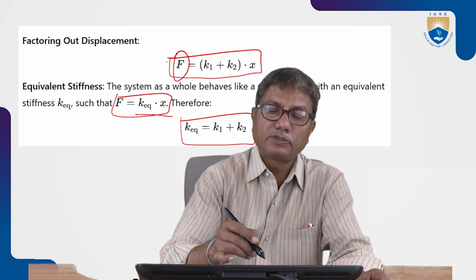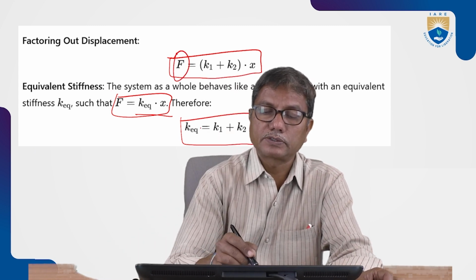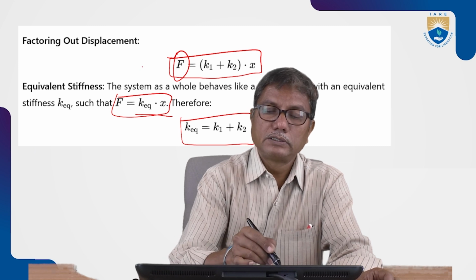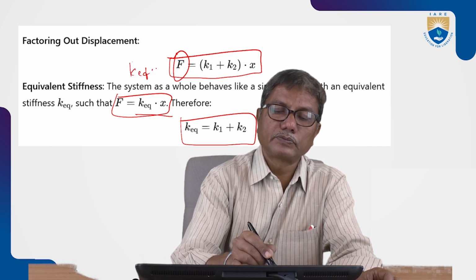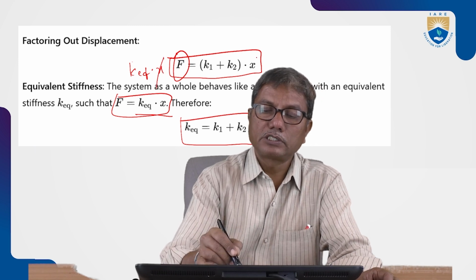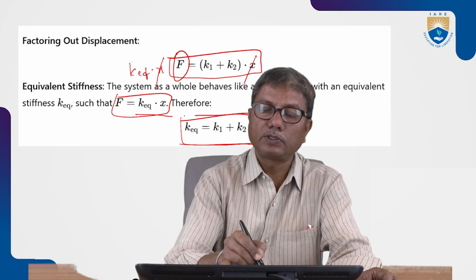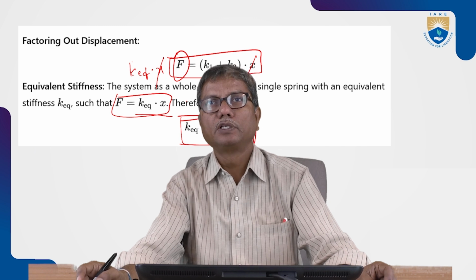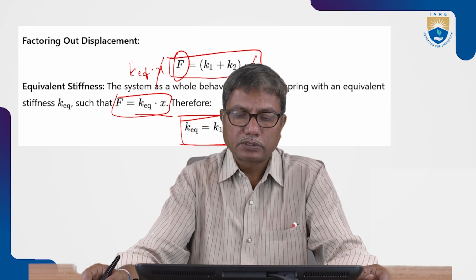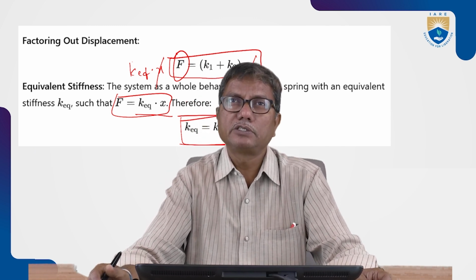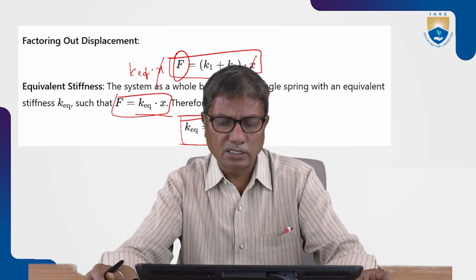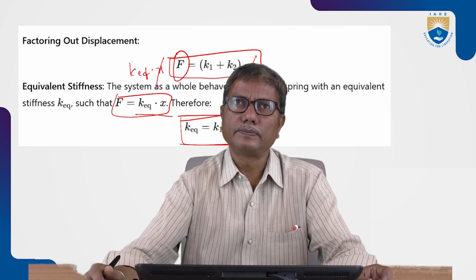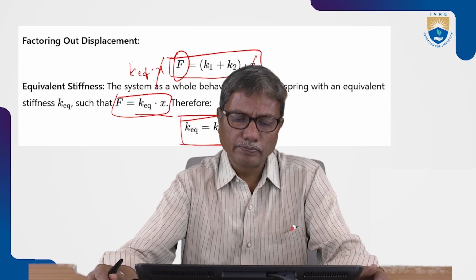So you replace F here by K equivalent into X. X gets cancelled and you will have K equivalent equal to K1 plus K2. So it just gives the equivalent stiffness as the sum of the stiffnesses of individual springs when they are connected in parallel.